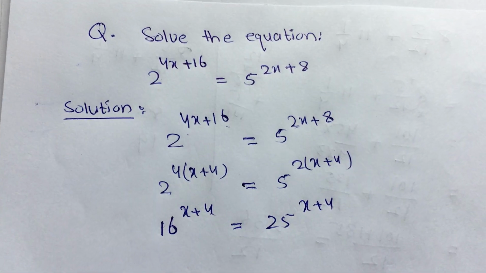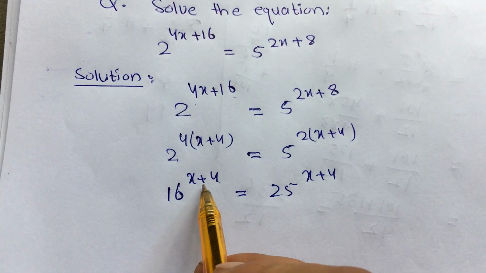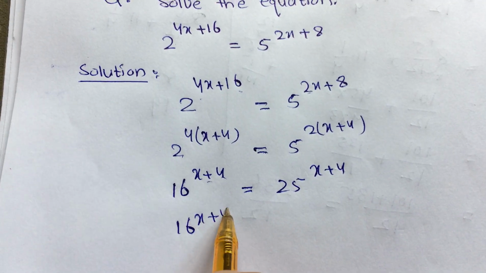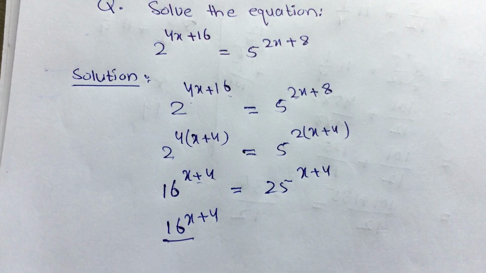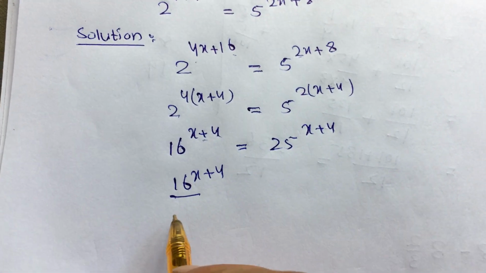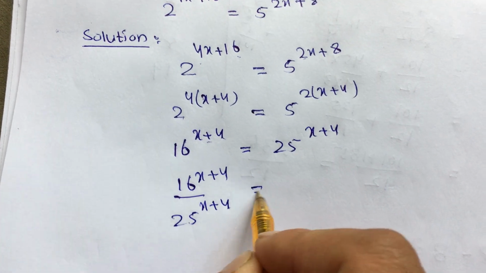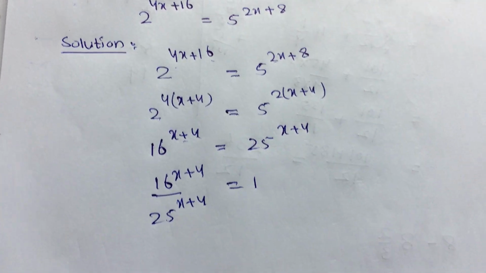Here both have the same power. x plus 4 is here and x plus 4 is here, so I can write it as 16 power x plus 4 divided by 25 power x plus 4 equal to 1.